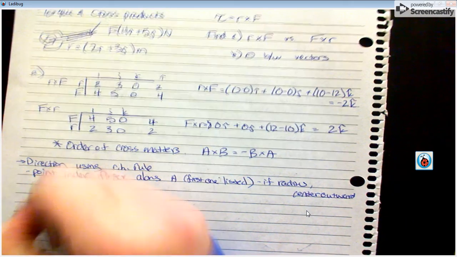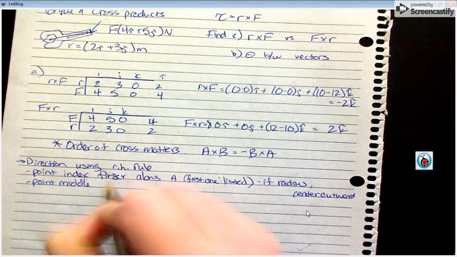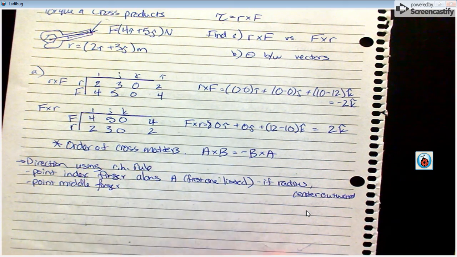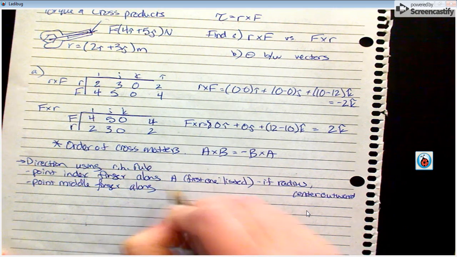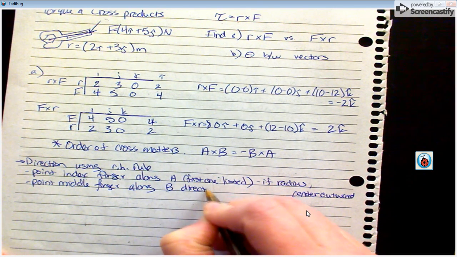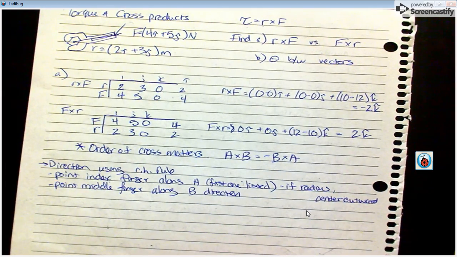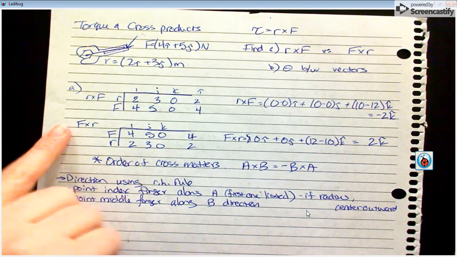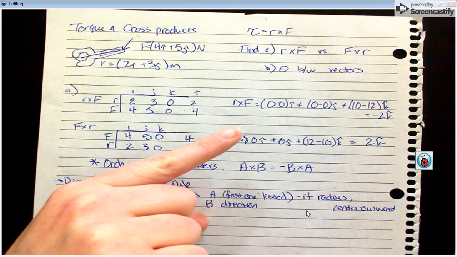So next, you're going to point your middle finger in the direction of your B vector. Now you may have to rotate your hand depending on how this is set up. So for this example, I'm going to try and show you this. That is the direction of my radius.